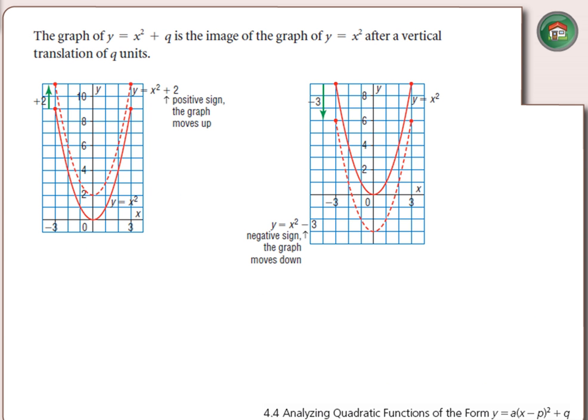And you can see in your book, that's what the graph looks like. The first one, we went up by 2, and in the second one, we went down by 3. The whole graph is moving, including our vertex going up 2 and our vertex going down 3.